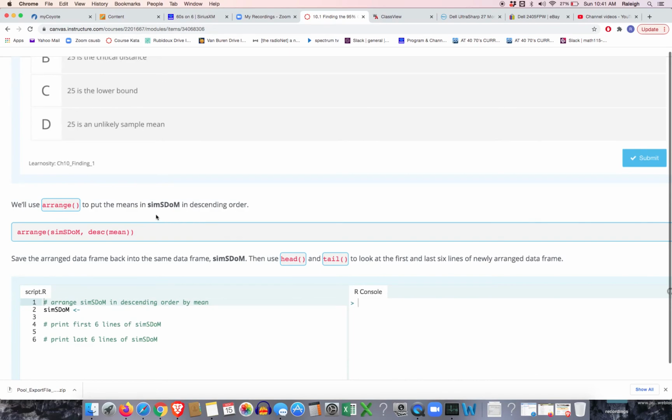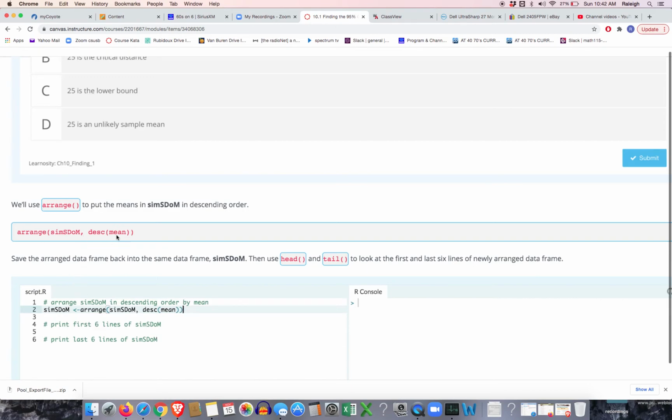Now they have this arrange command that puts the means in descending order. So they apparently are using that, and we can try something with that ourselves. I'm going to copy this because they'd like us to try it. As I copy and paste, put it down here. Let's see if I need to make any changes. Arrange SimSDOM in descending order by mean.